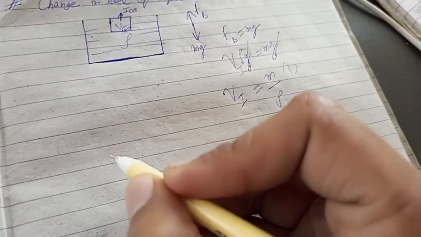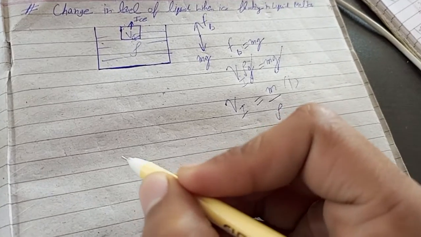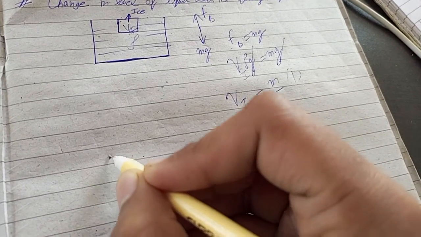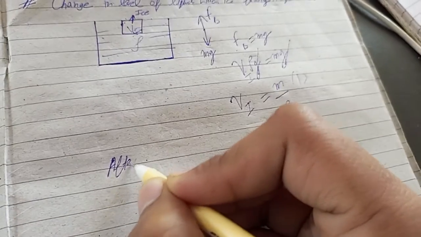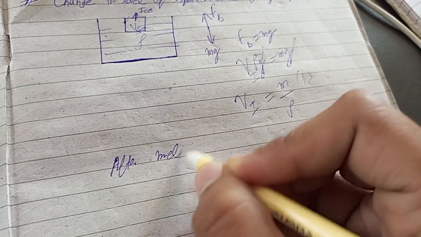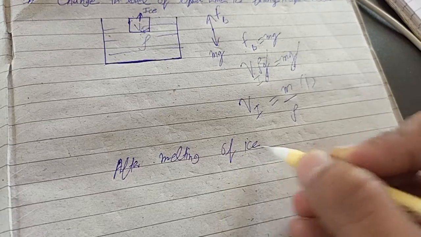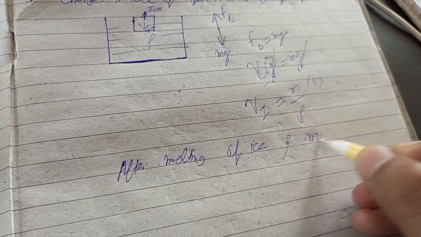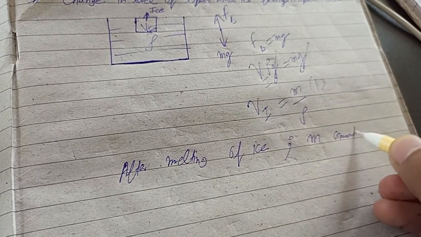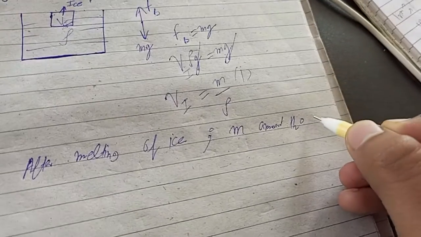It is all classical physics. Let's say after the melting of ice, equally m amount of H2O was formed.